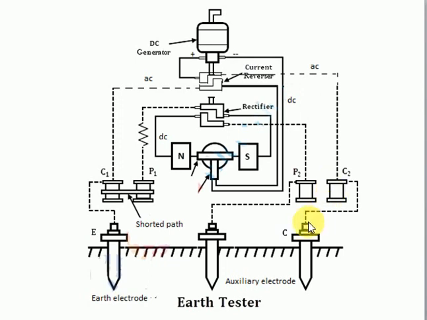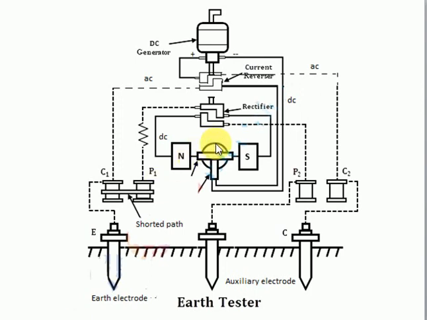They are connected with the auxiliary electrodes, and this common terminal is connected with the earth electrode. So this is the terminal or the electrode which will be connected to the earthing point where our home earthing is connected, or where we want to measure the earth resistance.